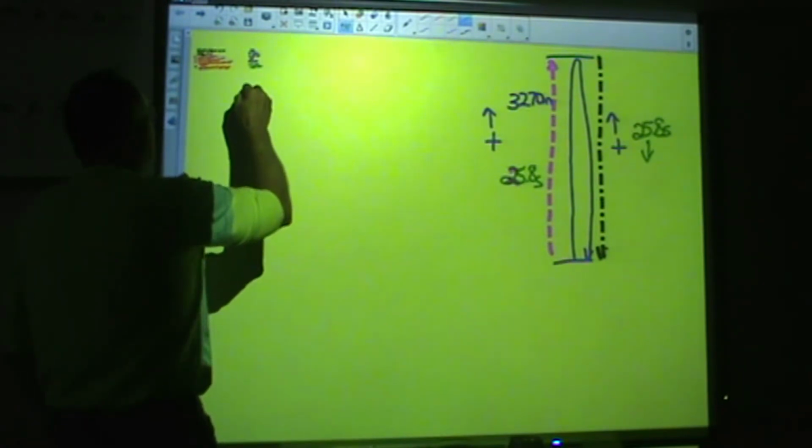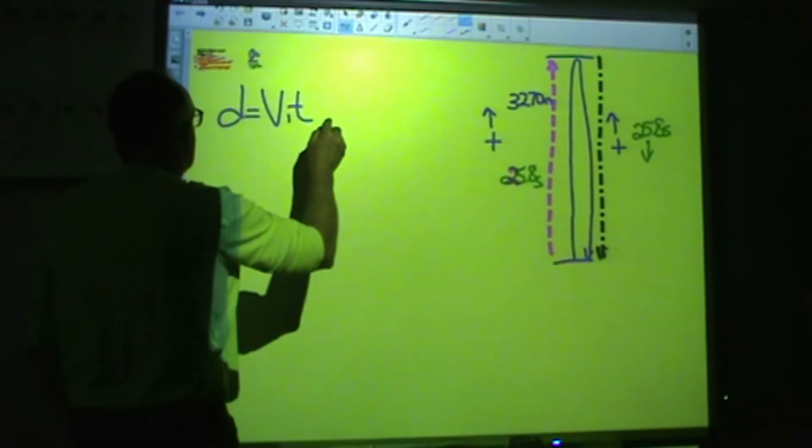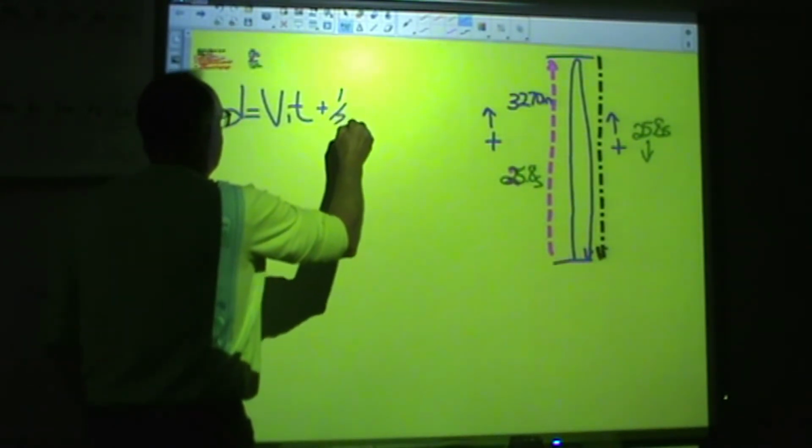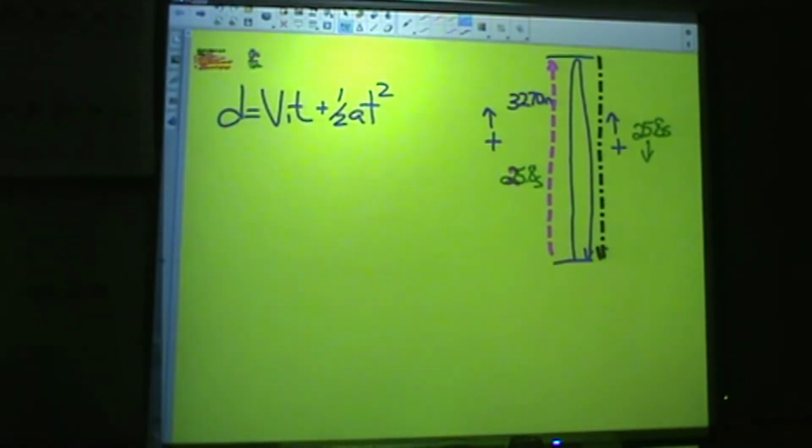Right, we will, if we start with d equals v1t plus 1/2 at squared, this will be our first venture into the world of the quadratic, but we aren't really afraid of that at all.